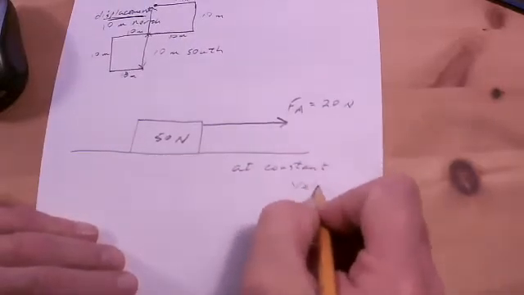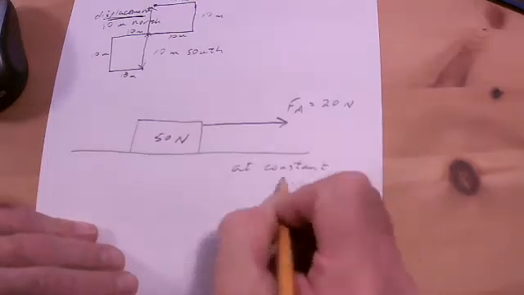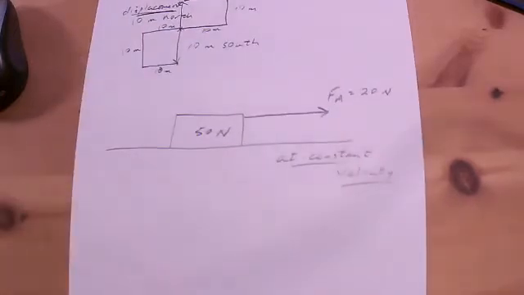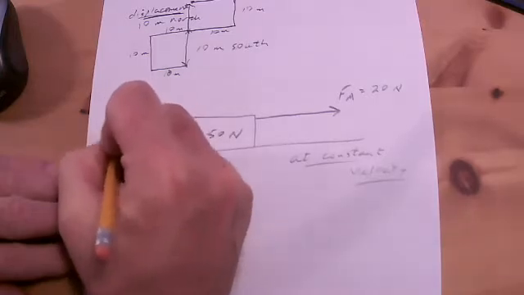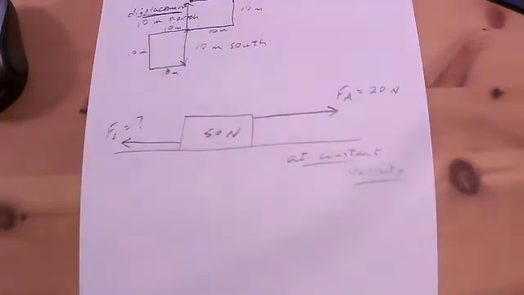I said that's important, and it does turn out to be important for a reason that I'll go over in a moment. It says, what is the force of friction?